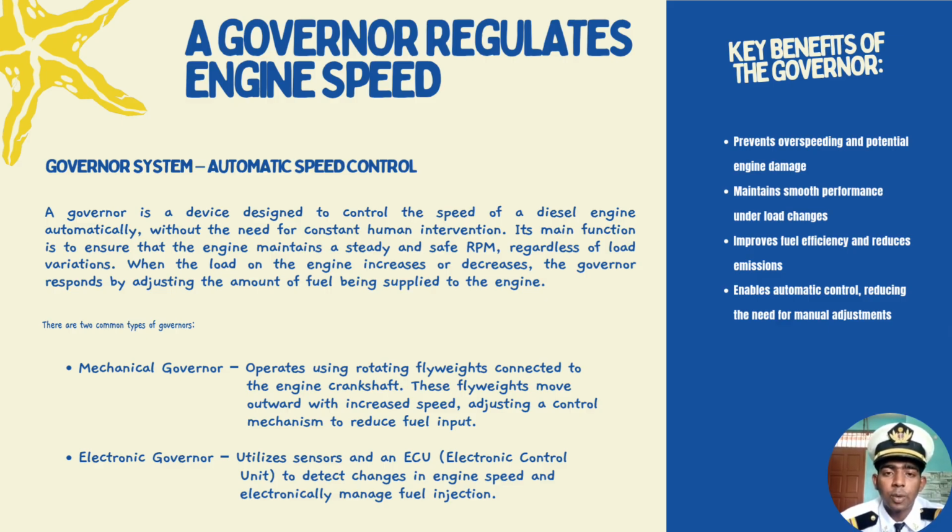These flyweights move outward with increased speed, adjusting a control mechanism to reduce the fuel input. The electronic governor mainly utilizes sensors and an ECU, the electronic control unit, to detect changes in the engine speed and electronically manage fuel injection.